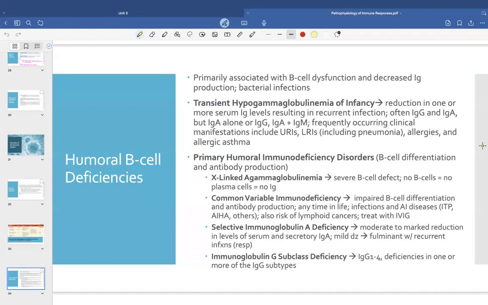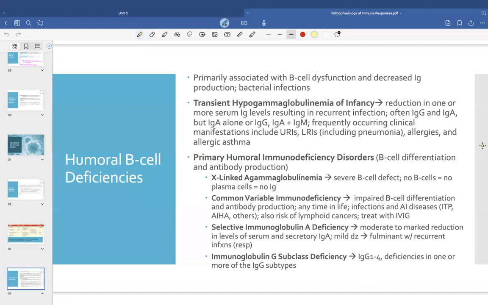Agammaglobulinemia means they don't produce any gamma globulin. That's a bad place to be. This is a very severe defect, and thank God it's pretty rare.